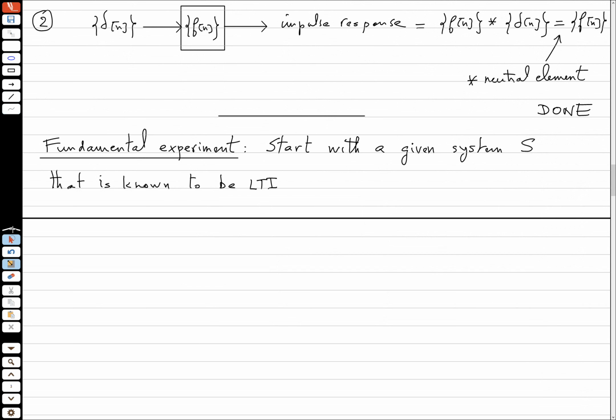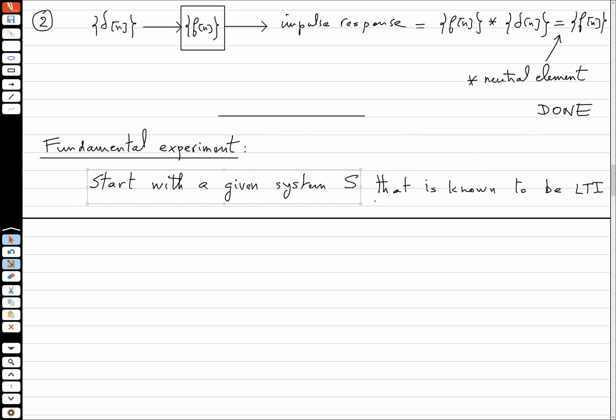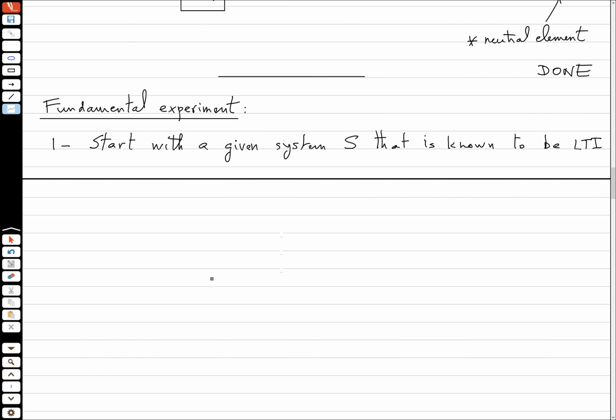In fact, I'm going to make that 3 steps. Step 1, start with a given system S that is known to be LTI.